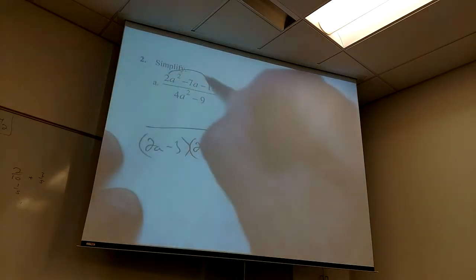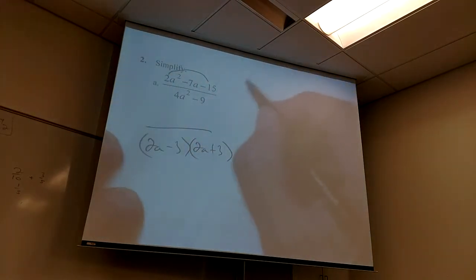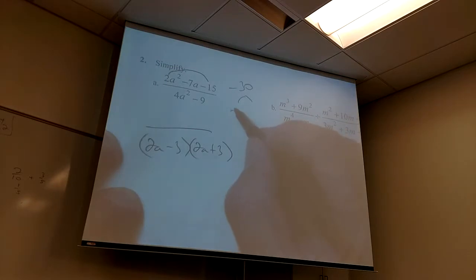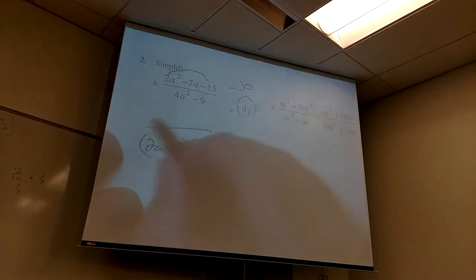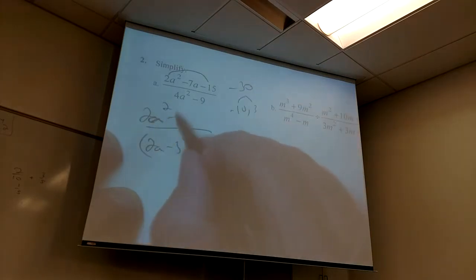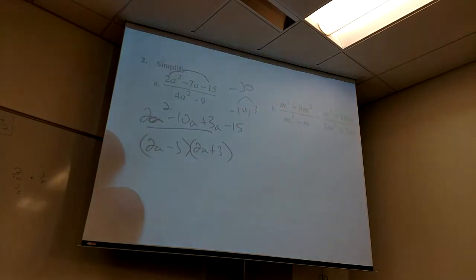Let me see if you guys can handle that. Did everybody do 2 times negative 15 up here? So negative 30, and then you add to get negative 7, so it's going to be negative 10 and 3, and then you can break up the middle term into 2 parts, minus 10a plus 3a minus 15.